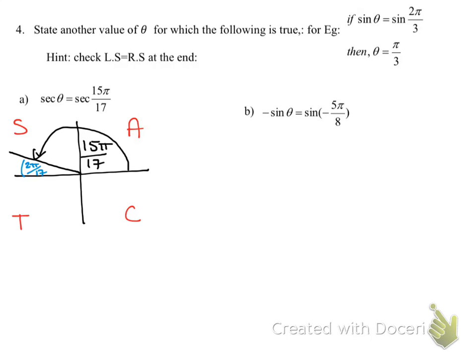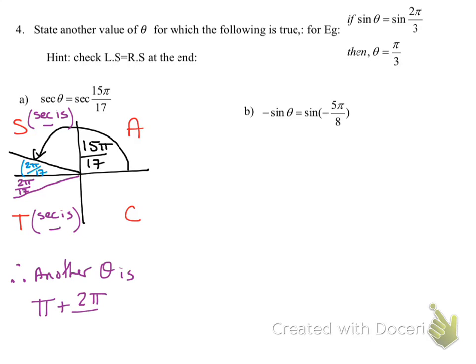And by the cast rule, I know that secant is negative in the quadrant where 15 pi by 17 is, so that means I'm looking for another place where secant is going to be negative. Well, that's down in the tan quadrant, right? So that means that I'm looking for another angle in that quadrant, which means it'll be pi plus 2 pi by 17, which is 19 pi by 17. So that's another theta that'll work.